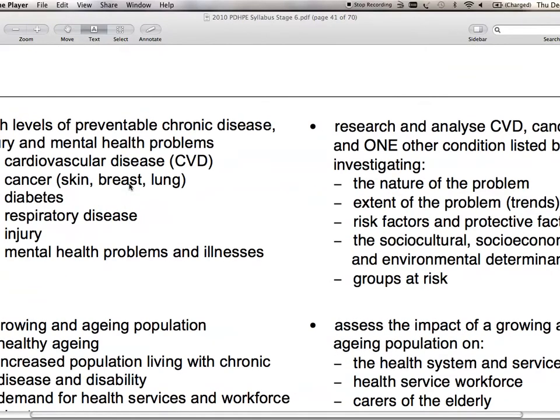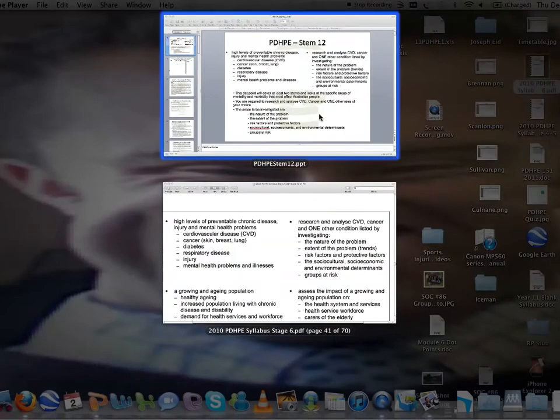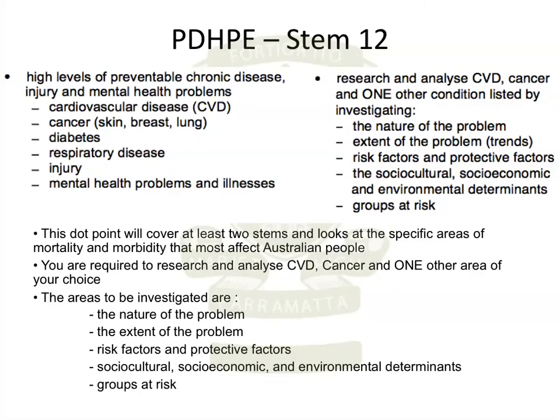But just focusing on the dot point at hand, if we just go to the PowerPoint now, you can see, like I said, there is 6 actual areas listed: CVD, cancer, diabetes, respiratory disease, injury and mental health problems. What we will be doing, if we look over here, we will need to research and analyse cardiovascular disease, cancer and one other condition, and the other condition we will do will be respiratory disease.